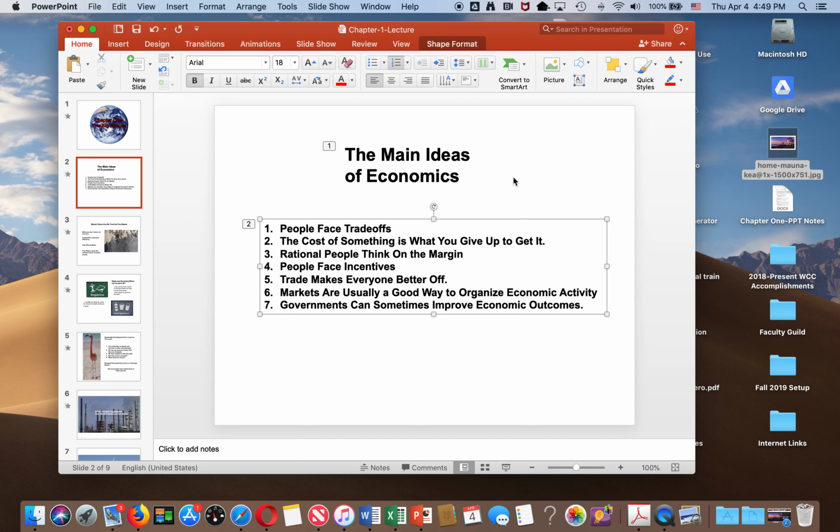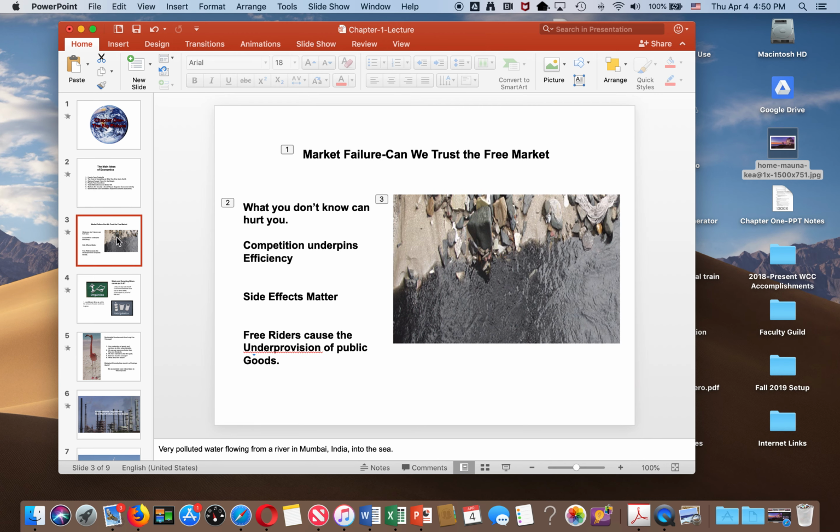When people engage in market activity, that notion of exchange between individuals is oftentimes a good way to organize that activity, as opposed to an allocation from a higher power. Finally, governments can sometimes improve economic outcomes if markets show some degree of market failure, and there's a notion of externalities involved there.